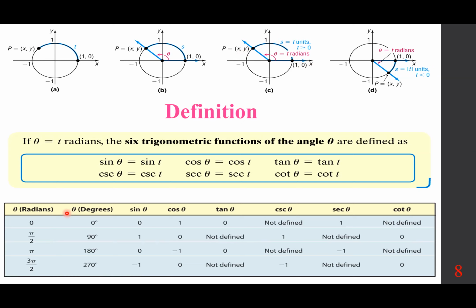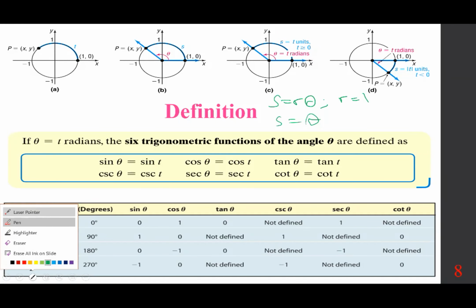Because s equals r theta. For the unit circle, r is 1, so s equals theta. So we can say sine theta is sine t, cosine theta is cosine t, and the rest of them.